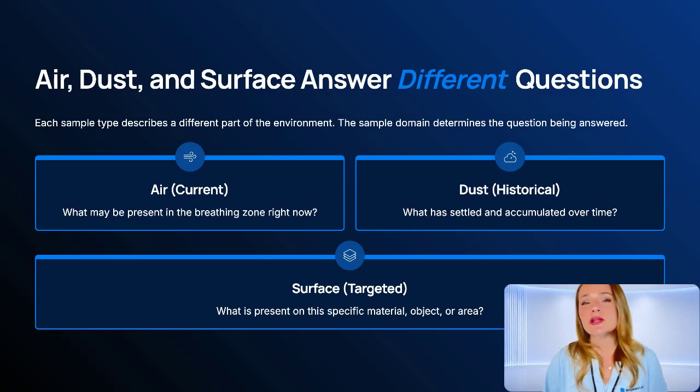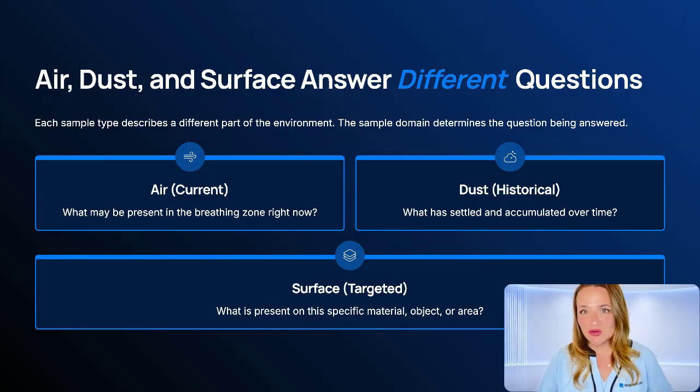I mentioned this earlier, but mold and mycotoxins can reside within 3 very distinct domains within the built environment. And those are dust, air, and surfaces. And testing each of these domains tells a different part of the story. So, for example, dust is a great domain to test to look at what is accumulated over time, a historical perspective. Surfaces are going to be very targeted.